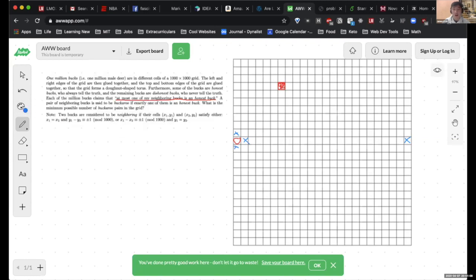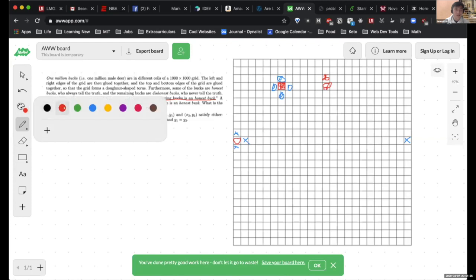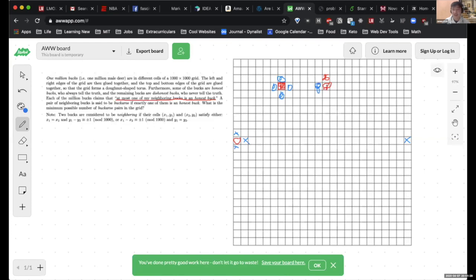Either all of its neighbors are not honest, so they're all blue, dishonest, or one of its neighbors is honest and 3 neighbors are not honest. That makes enough sense already.